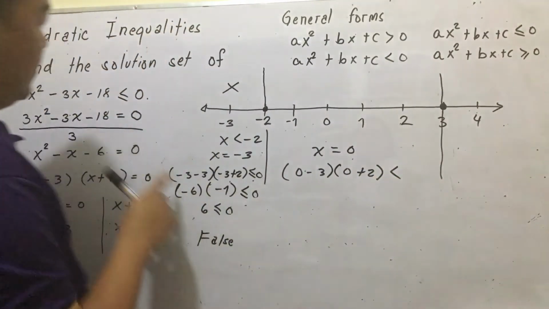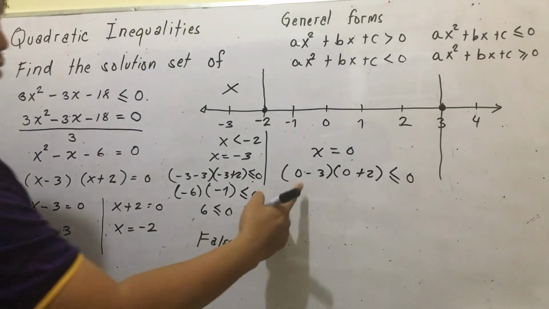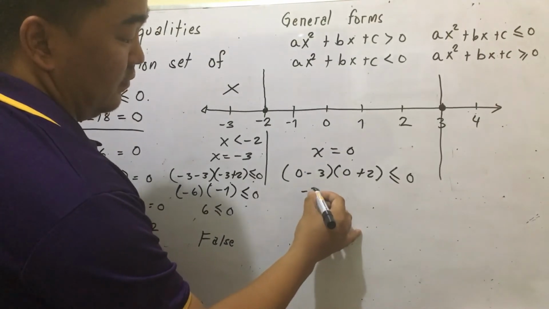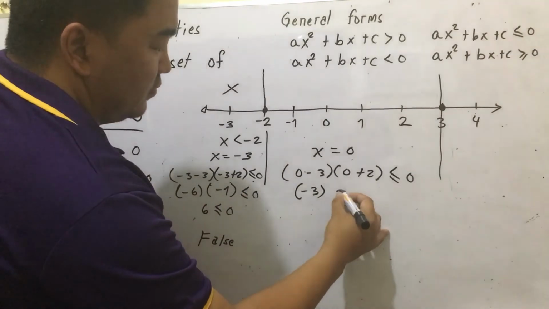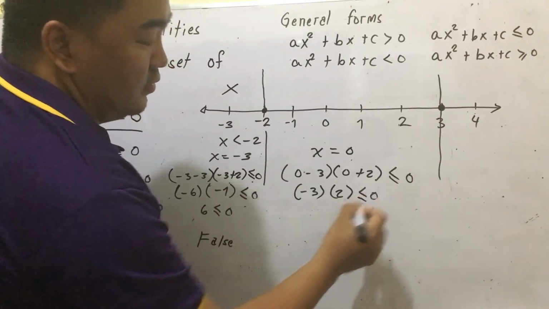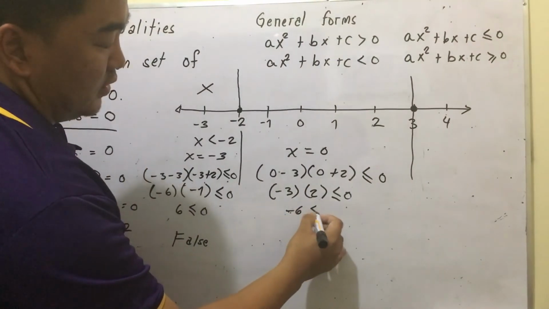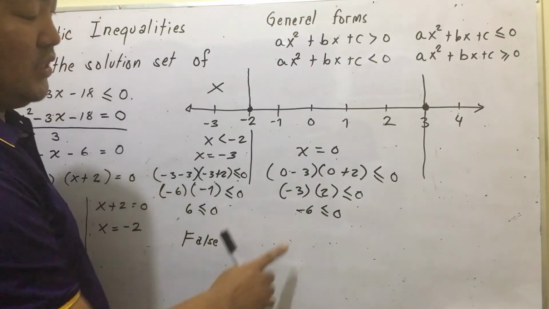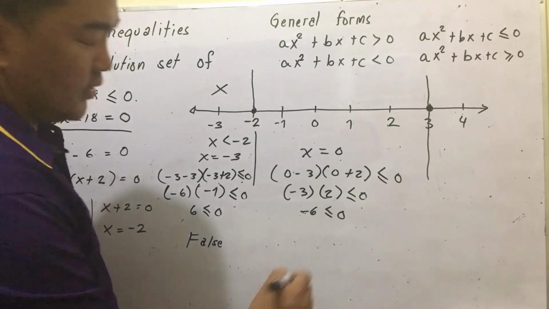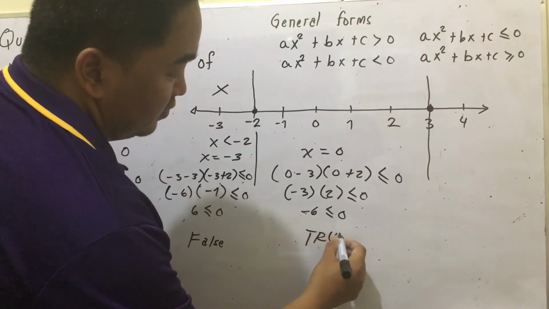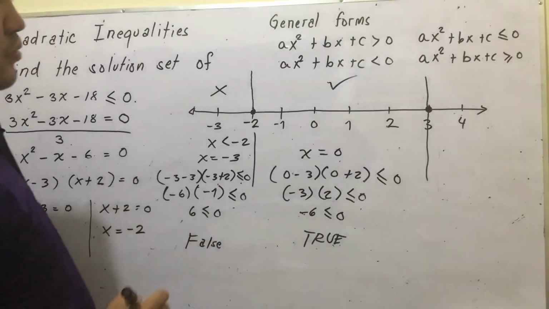Let's check if this is less than or equal to 0. 0 minus 3 is negative 3, times 0 plus 2, which is 2. Negative 3 times 2 is negative 6. Is negative 6 less than or equal to 0? Yes. So it's true. Our second region is true.